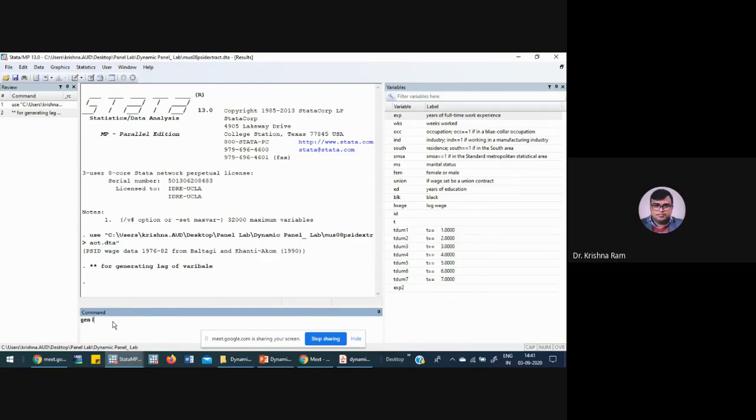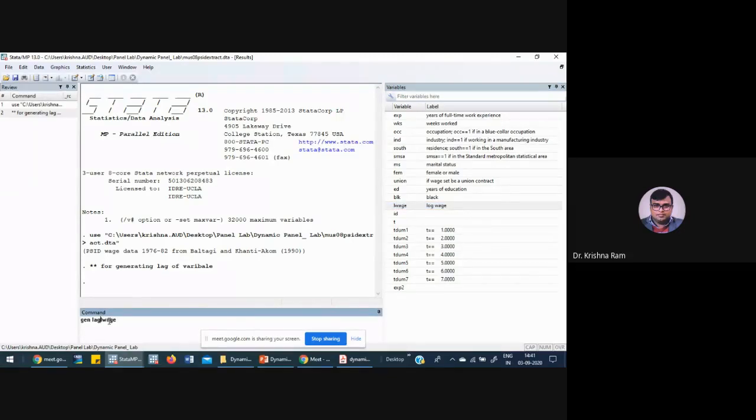Let's suppose I am typing lag, so that we denote lag, and the variable in our case, which I am choosing from the data set, is log of wage.